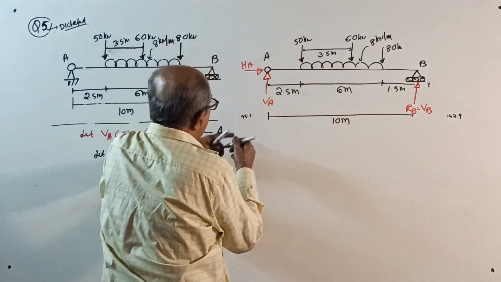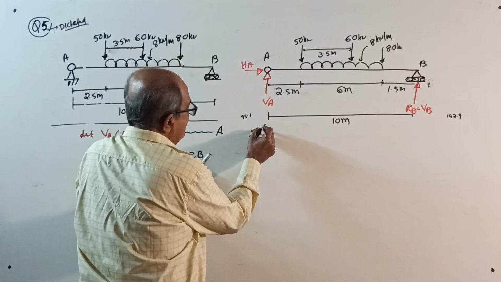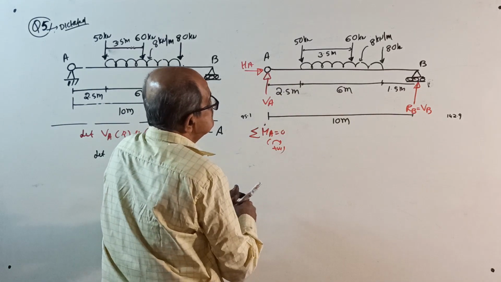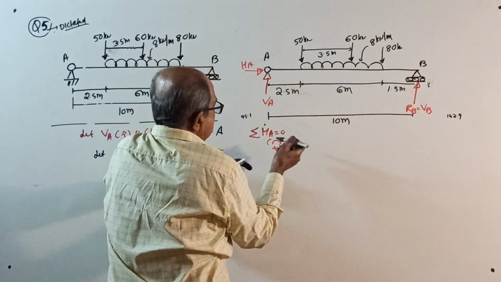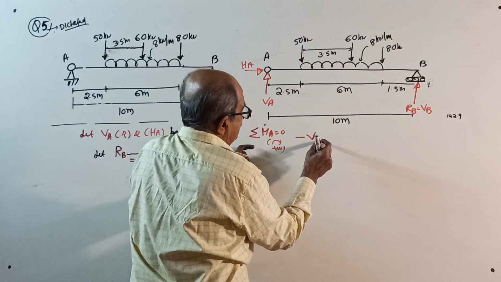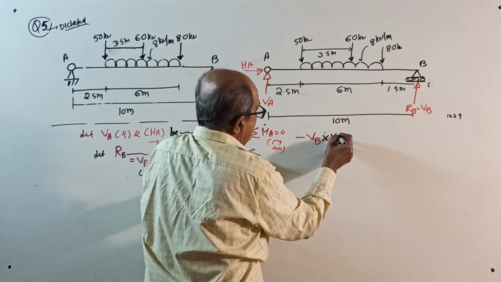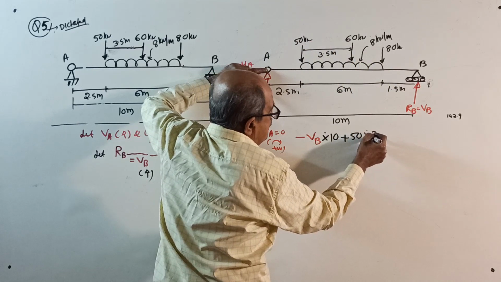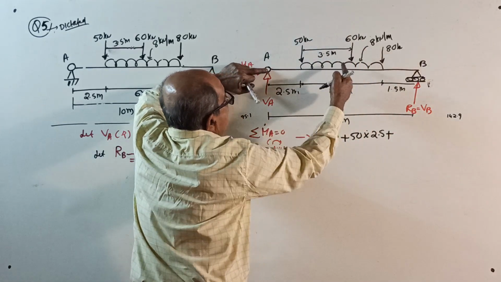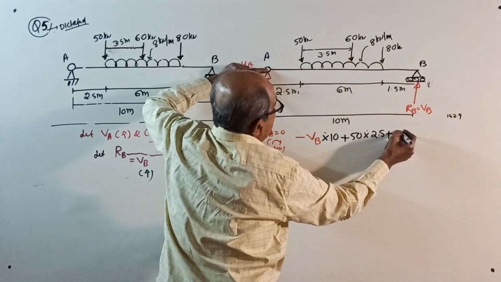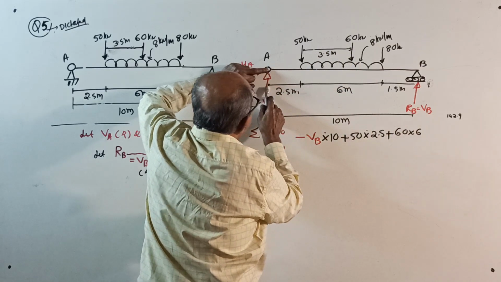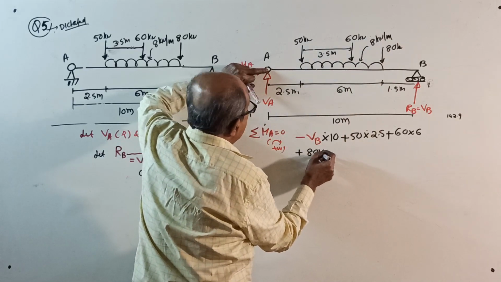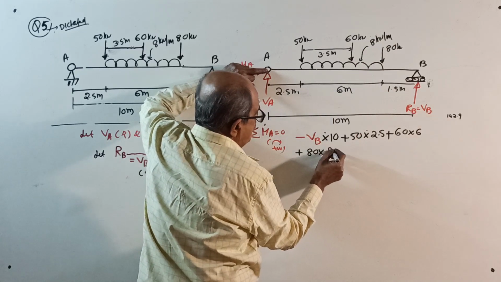Start. Sigma M about A equal to 0. I already got the answer. A means the hinge end. Clockwise positive. Minus VB into 10 plus 50 into 2.5 plus 60 into (2.5 plus 3.5), that is 60 into 6, plus 80 into (2.5 plus 6), that is 8.5.